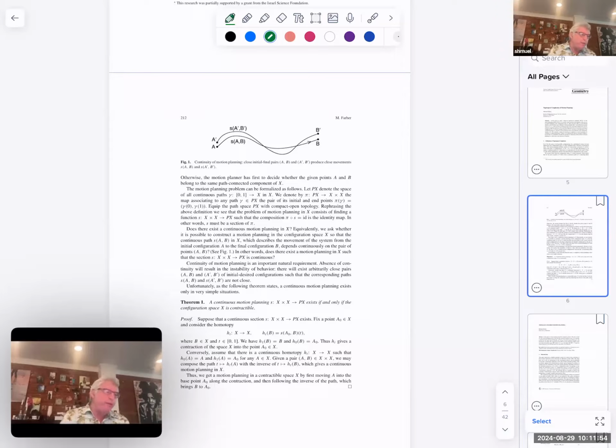So if you have some initial space X, then the input is a point in X cross X, which you interpret as being an initial point and an endpoint. The output that the robot is supposed to produce is a path in the space X, right? So this is not based paths.